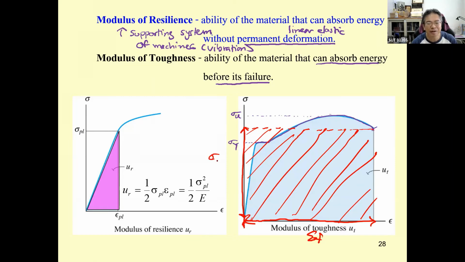Half of sigma sub y plus sigma ultimate, divided by 2. So we approximate the modulus of toughness of a material by using this equation. It's very simple, very genius for the engineer.